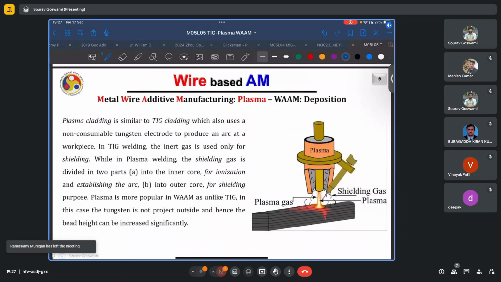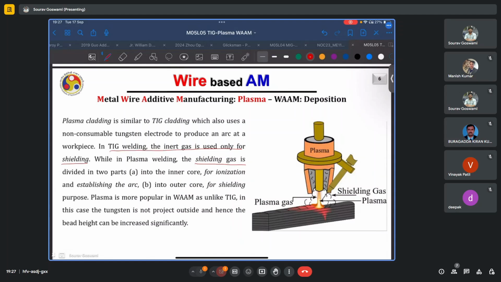Now, plasma cladding is similar to TIG cladding, and this also uses a non-consumable tungsten electrode. However, in TIG cladding, the inert gas is used only for shielding purposes. In plasma welding, however, the shielding gas serves two purposes. First, it is fed into this inner core.